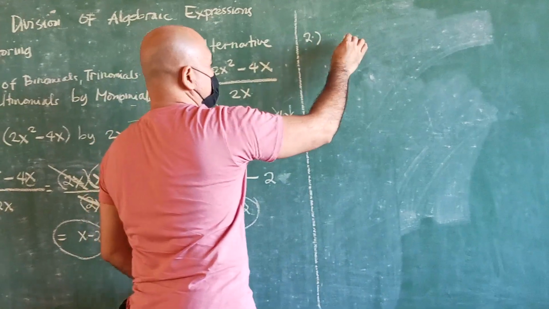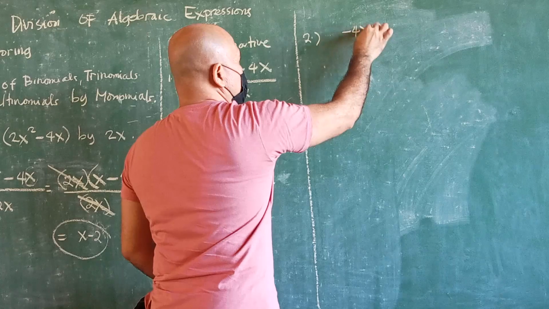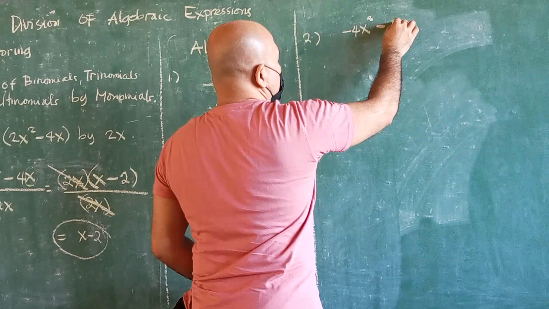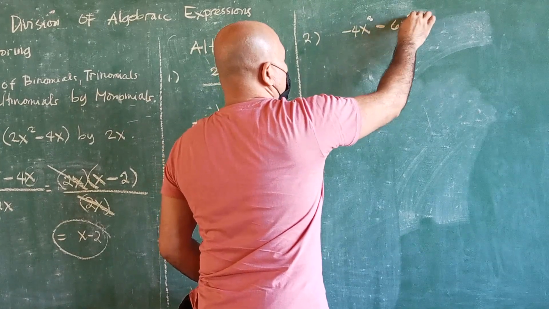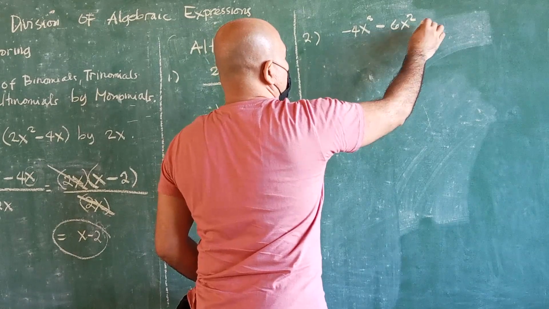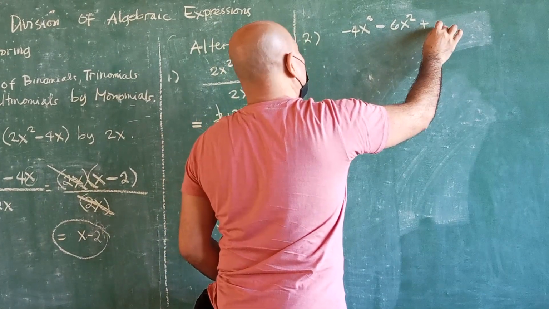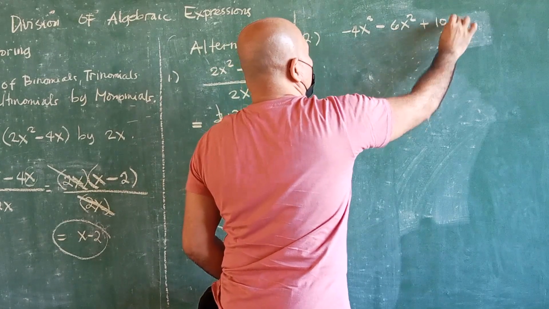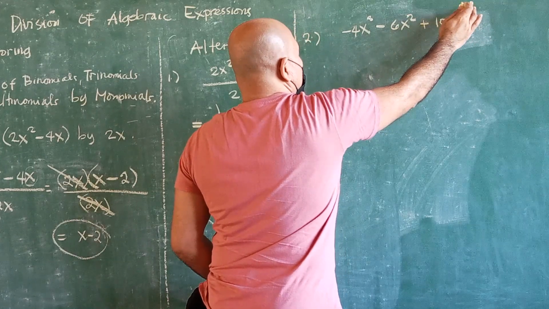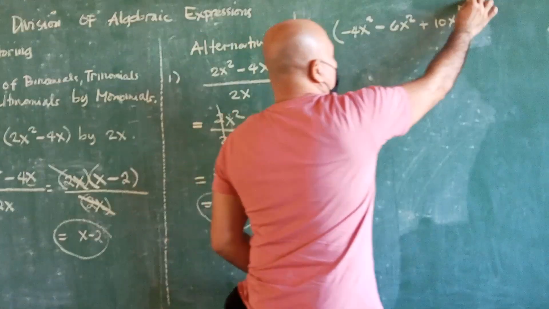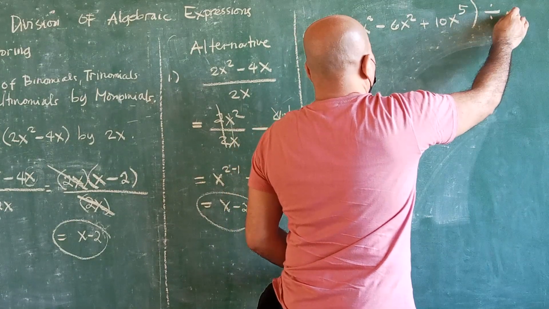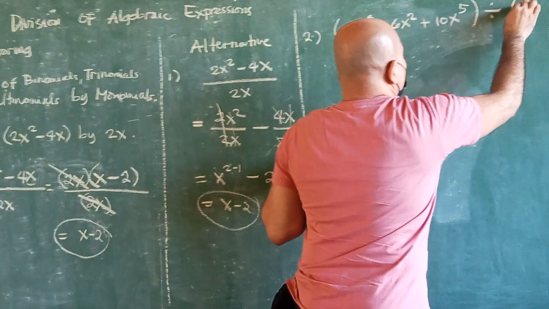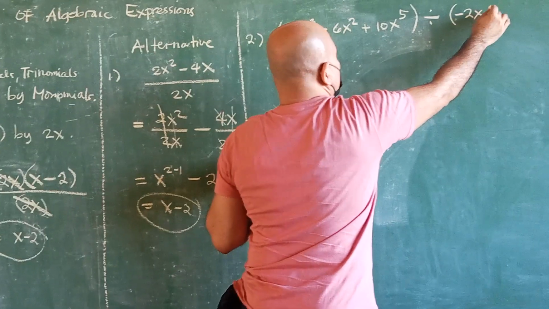Supposedly for the second example, you have negative 4x cubed minus, shall we say, 6x squared, and plus, for example, 10x raised to the power of 5, and then divided by negative 2x squared.